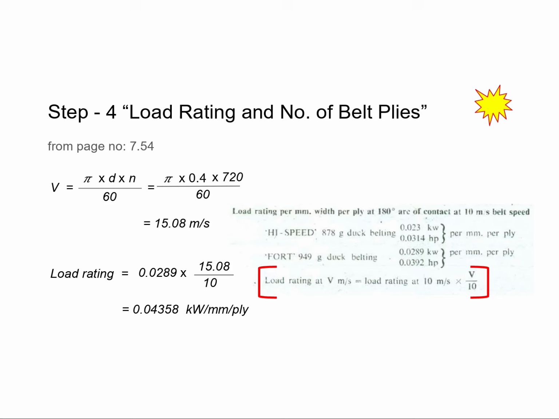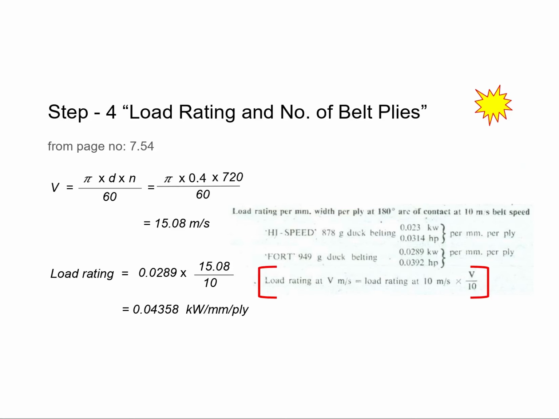So load rating equal to 0.289 into 15.08 divided by 10. So load rating, we are getting 0.04358 kilowatt per millimeter per ply.